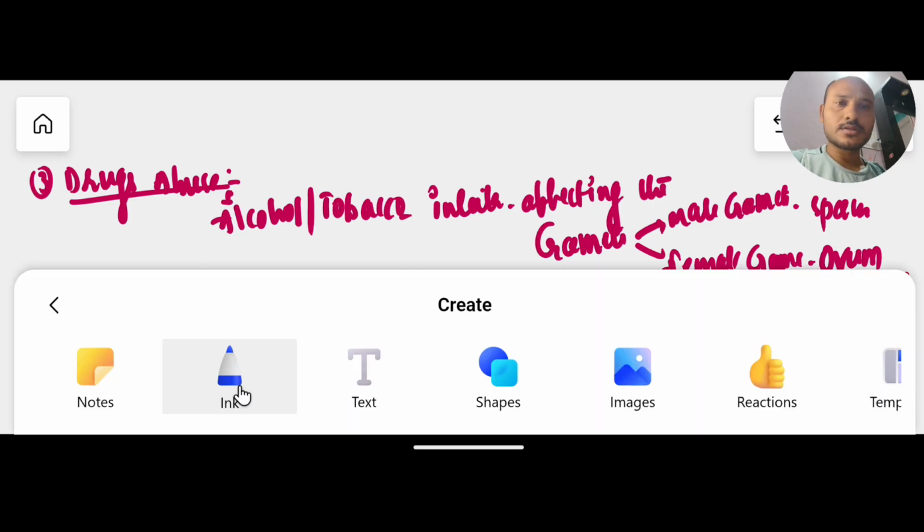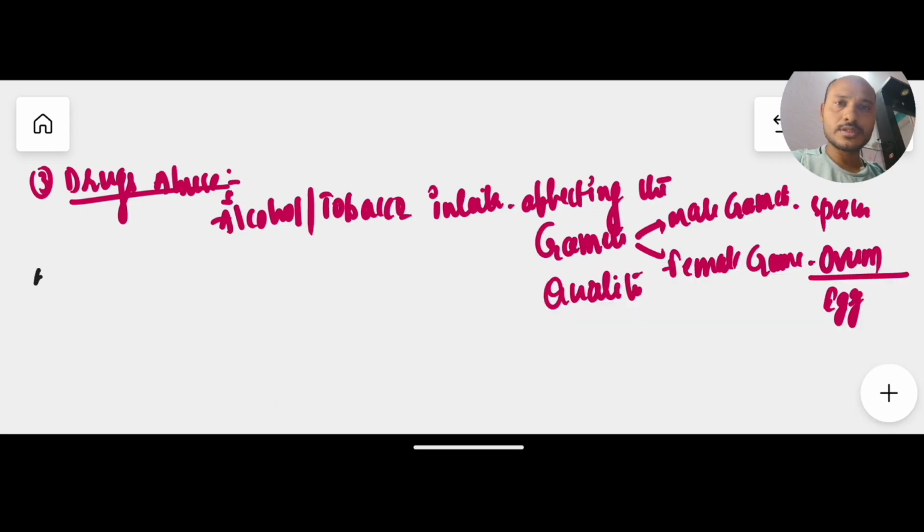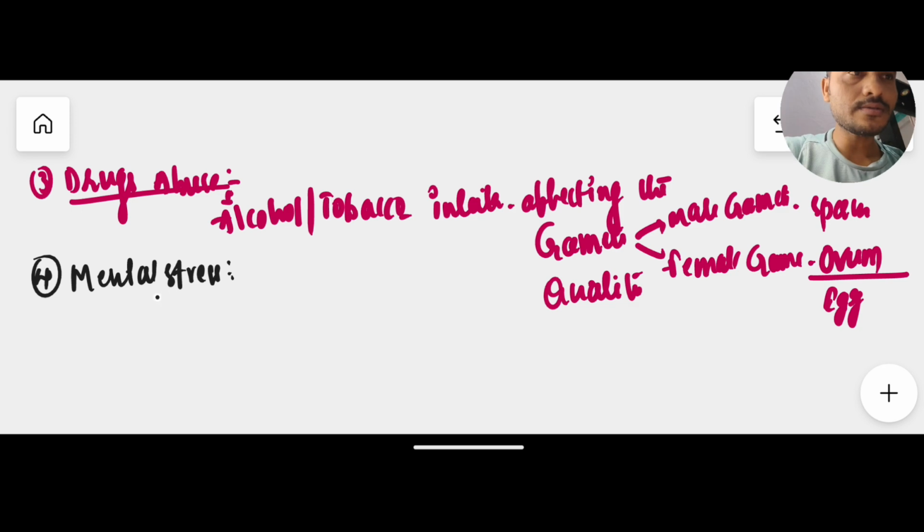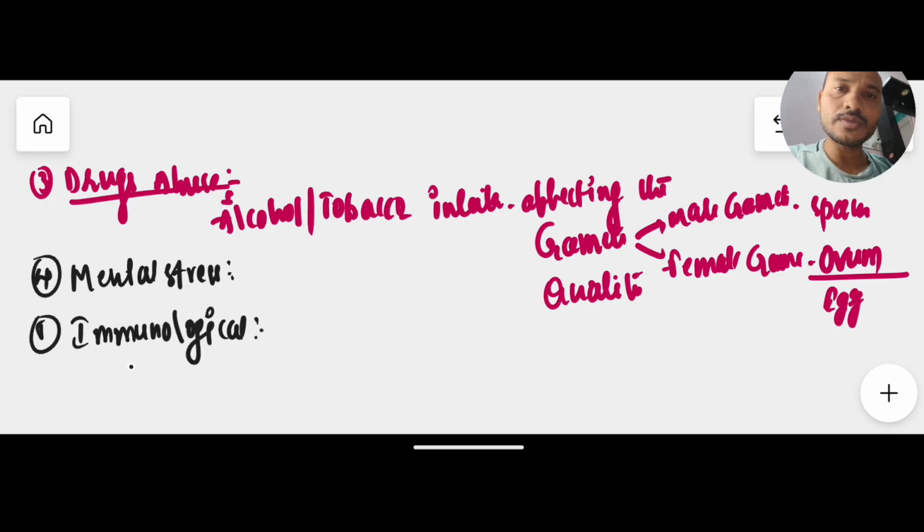One more important cause of infertility is mental stress. And coming to the fifth, which is very important, immunological defects. Immunological problems include the body producing antibodies.